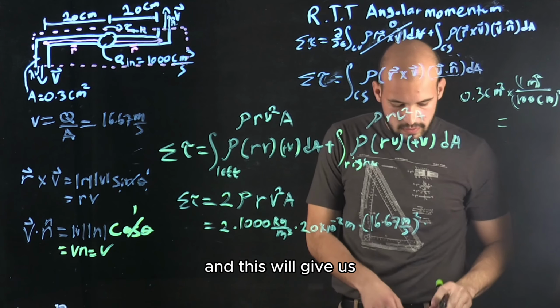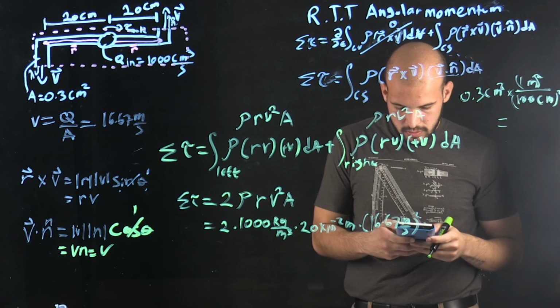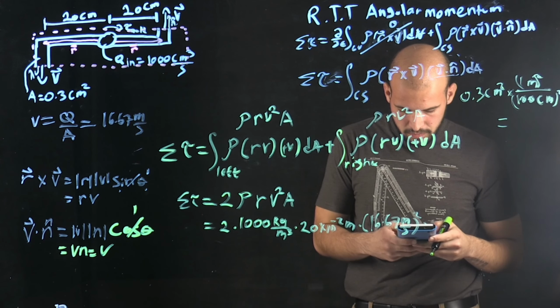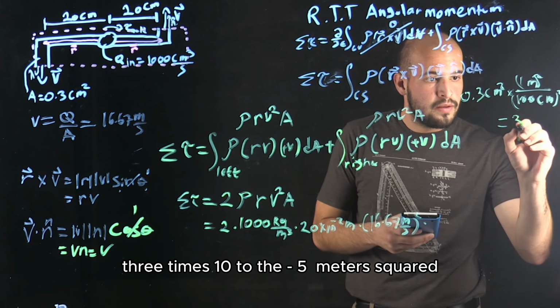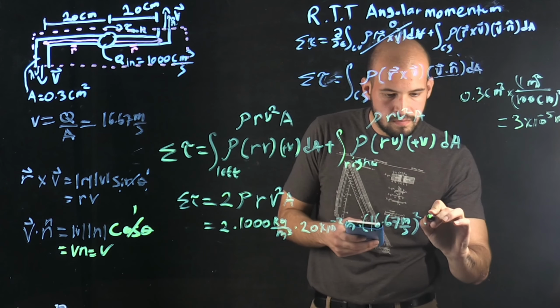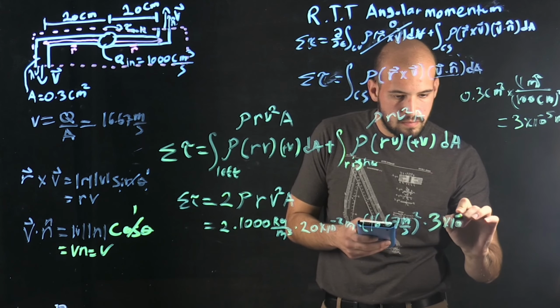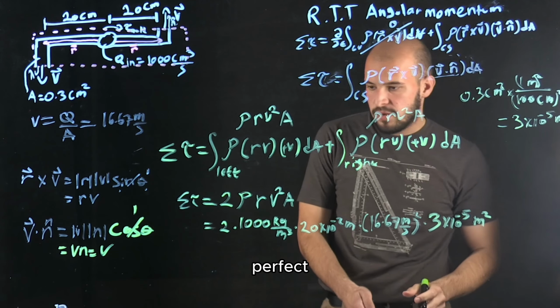And this will give us 3 times 10 to the minus 5 meters squared. Perfect.